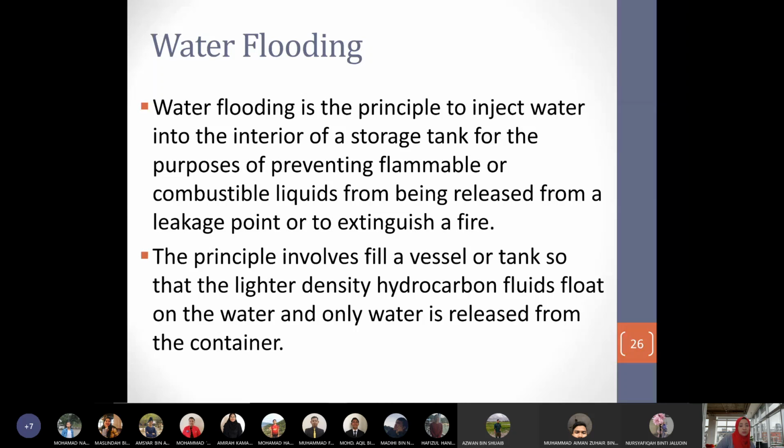The principle involves filling a vessel or tank with water so that the lighter density hydrocarbon will float on top of the water, and when you release, you only release the water from the tank and not the hydrocarbon.